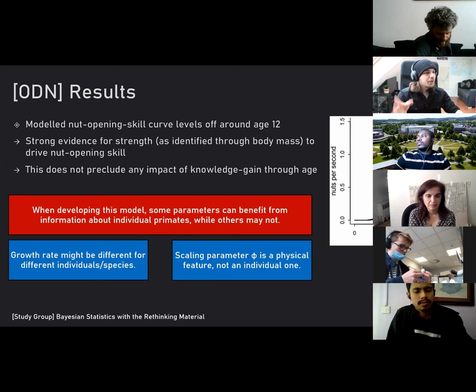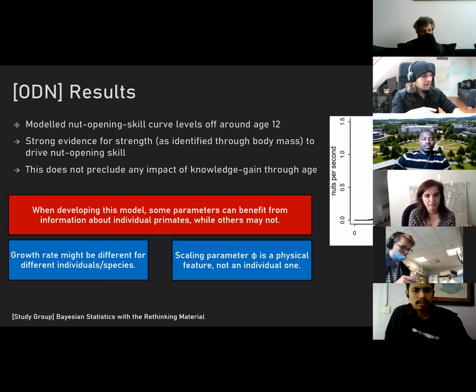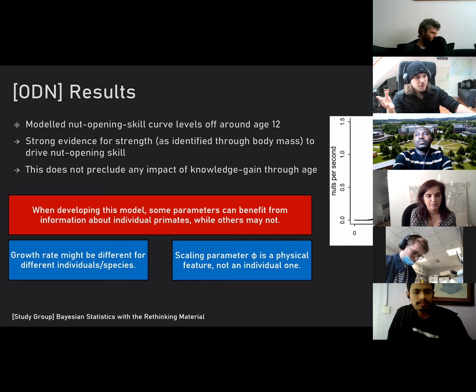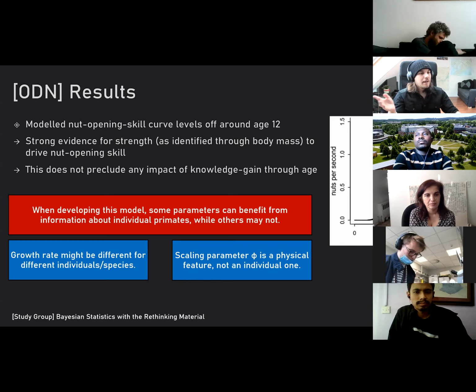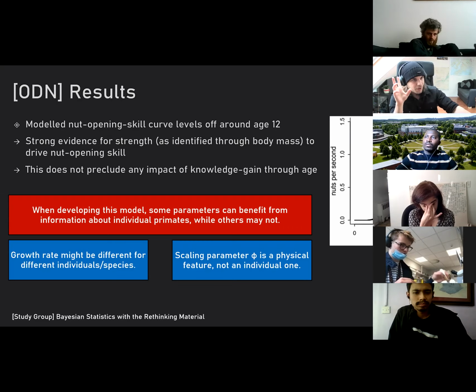Of course, we could argue until nightfall about whether we should have this be for individuals or not, because some individuals might make use of their body mass in strength better than others. But I think for now, we can all agree that there's an inherent difference between the growth rate, which is much more of an individual property, and the scaling parameter between mass and strength.